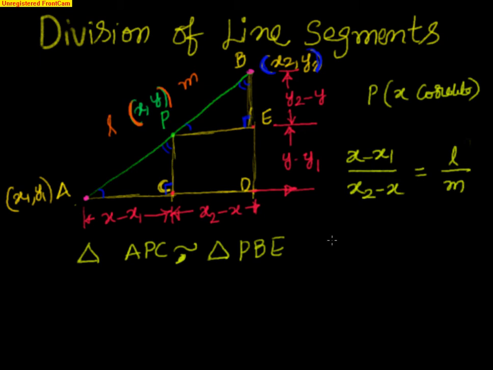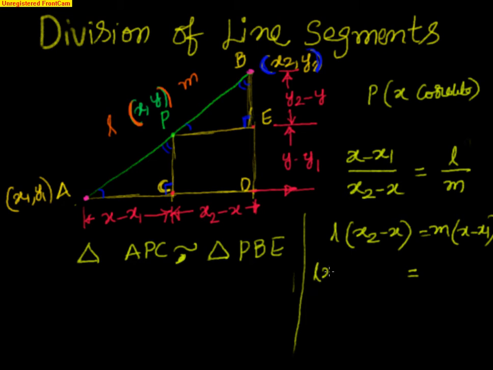Now do the cross multiplication. If I do the cross multiplication, L into x2 minus x is equal to M into x minus x1. Let's try to bring all x to one place so that we can divide by something and get the value of x. So this simplifies: Lx2 minus Lx is equal to Mx minus Mx1, right?